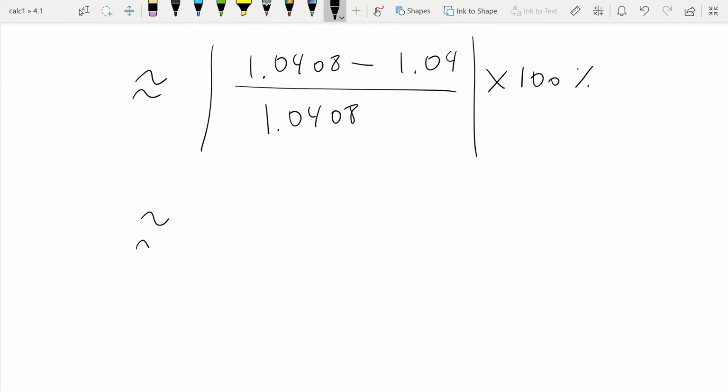If you compute this quantity, you get something close to 0.08%, which is quite small. So our approximation is very good.